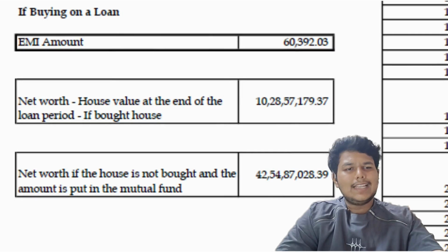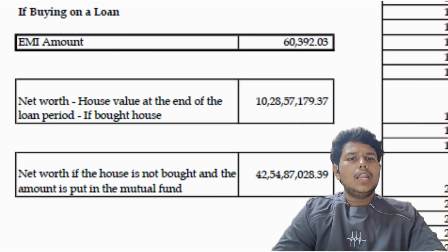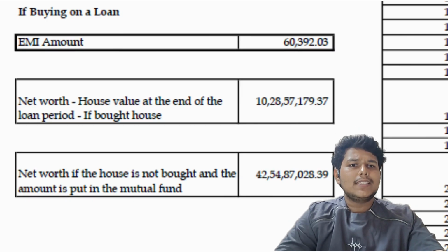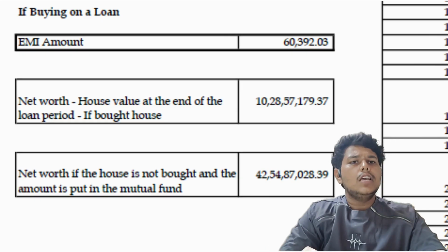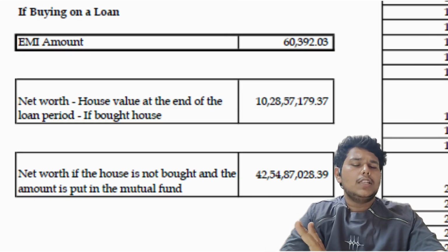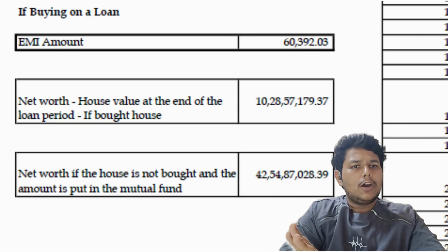If you see below that, there is an EMI amount table. This EMI amount table is basically a single line formula which automatically calculates the amount of EMI that you will require to pay based on the loan details. If you have kept loan to be paid as yes, basically if you are opting for a loan, then you have also put in the tenure, the interest rate and also the down payment.